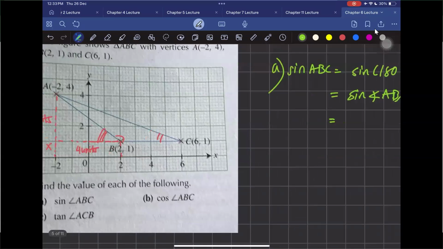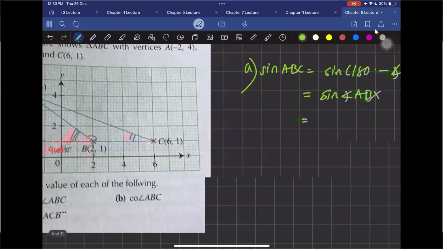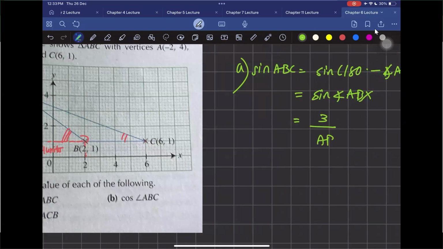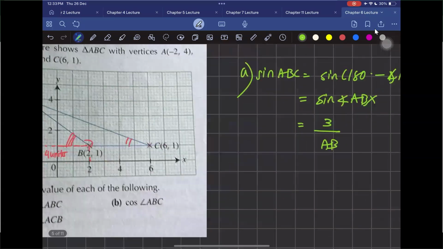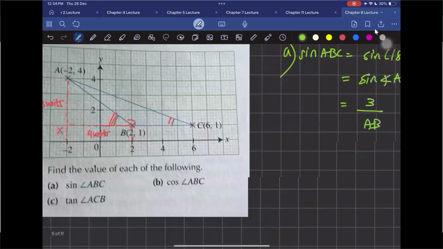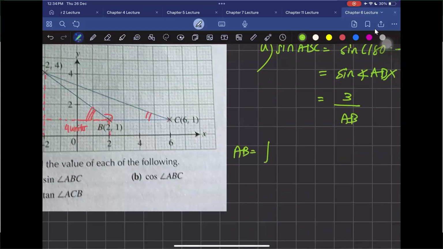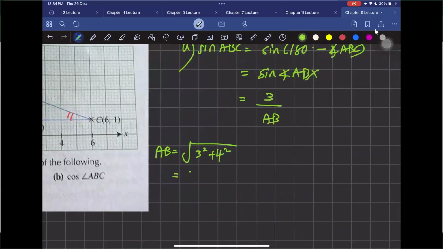If you calculate this, it is your opposite, which is 3, over AB. So again, you have to use your coordinate geometry knowledge to calculate AB, or you can also use your Pythagoras theorem. Given that AX is equal to 3 units and XB equals 4 units, your AB is basically the square root of 3 squared plus 4 squared, which equals 5. So once you have all this, it's just equal to 3 over 5.